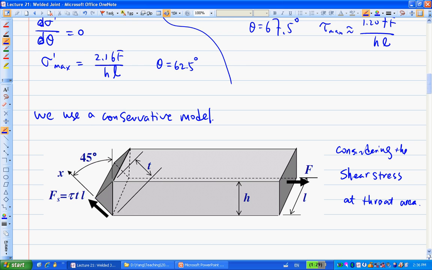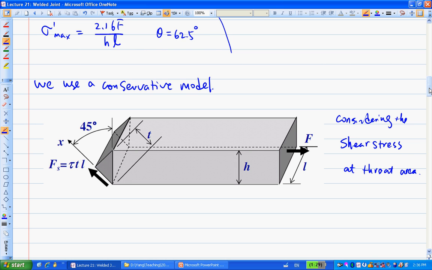That's the conservative model. Now, why is this conservative? Let's do a quick calculation. Fs equals F, we set it the same as F. Then your shear stress, tau, will equal F divided by T times L. And if we relate T to this leg size H, because this is 45 degrees and this is H, T is H times what?